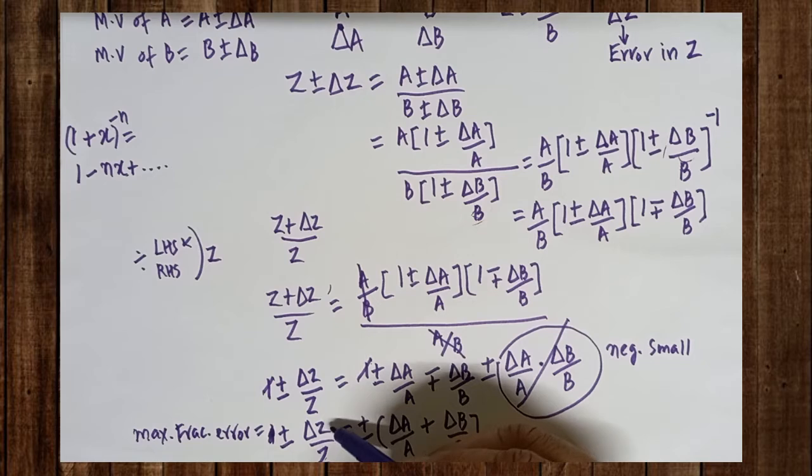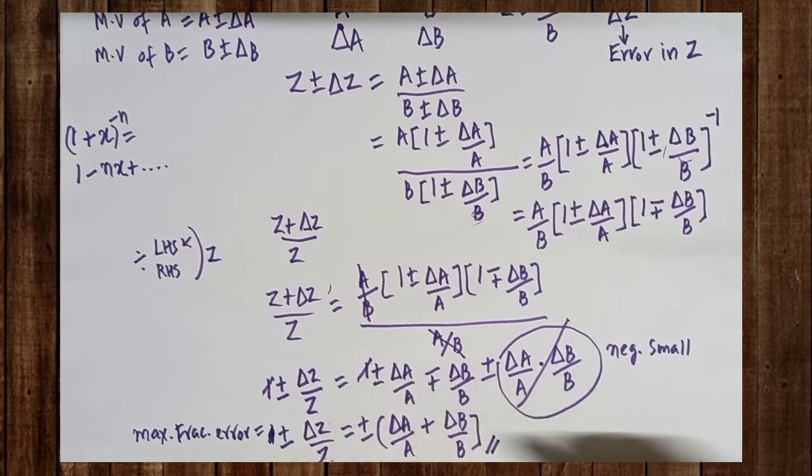Since it is fractional error, the error found in Z, del Z, is divided by the Z value. So this is the method of deriving the error found while dividing one factor by the other. Understood?